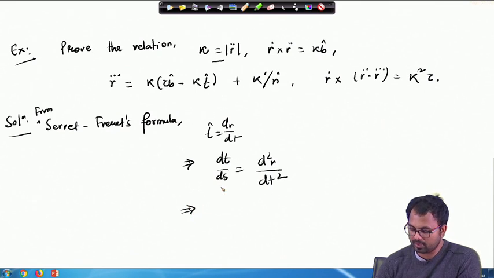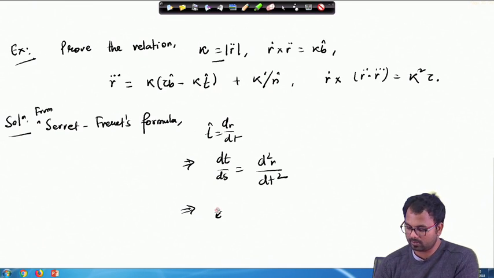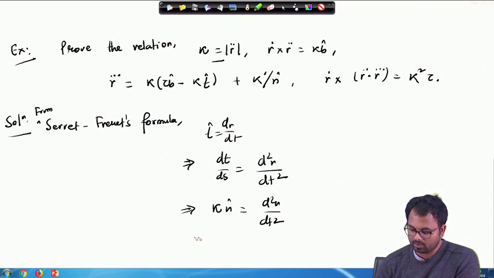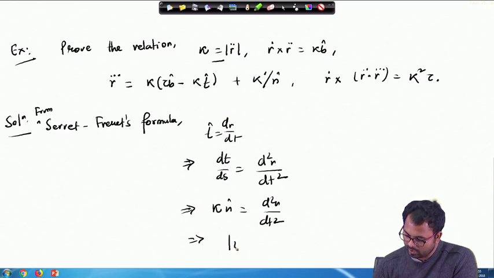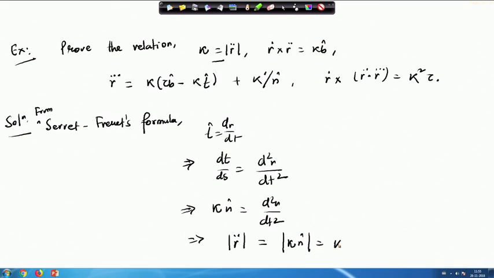Now dt/ds, from the Serret-Frenet formula, is kappa times n. So kappa times n equals d square r by ds square. Now if I take mod on both sides, then this will be r double dot, which is basically d square r by ds square, equals mod of kappa times n cap. So kappa will come out, and this will be simply mod of n cap. Now n is the unit principal normal, so its magnitude is 1, and therefore this is our kappa. So the first relation, that the magnitude of r double dot equals kappa, is proved.